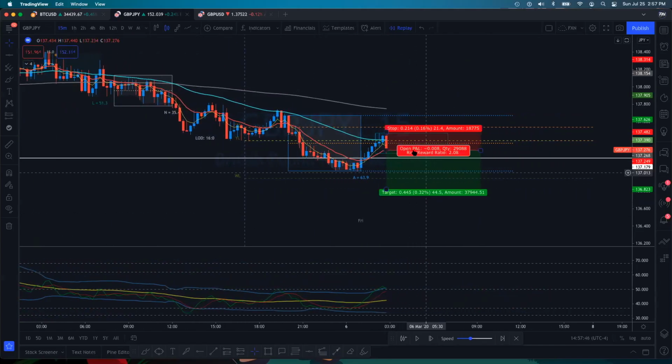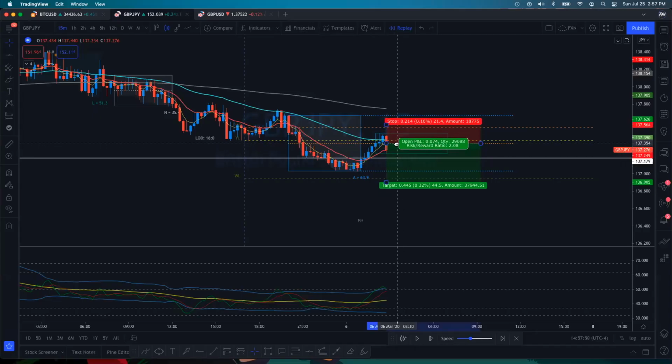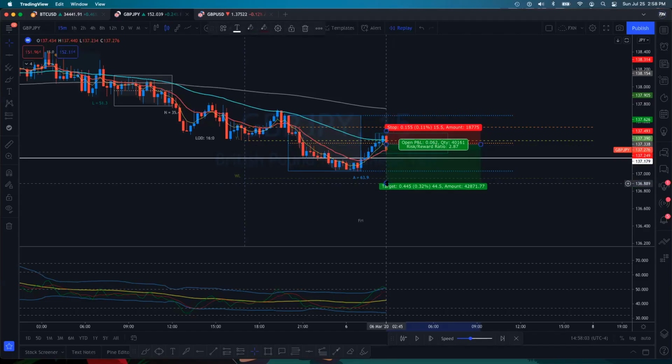So I think that's too much risk. You want to pull back to where you can get like, I don't know, 15 pips or so. So that's a 15 pip stop loss, pull back, and now you could actually go back up to that right there.